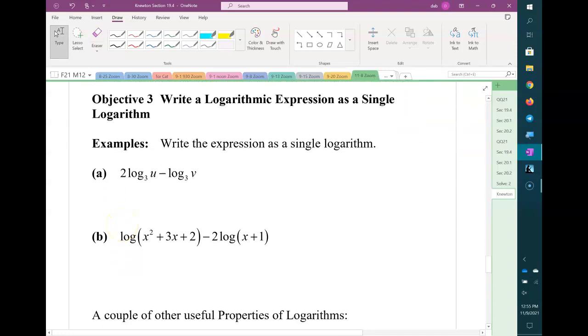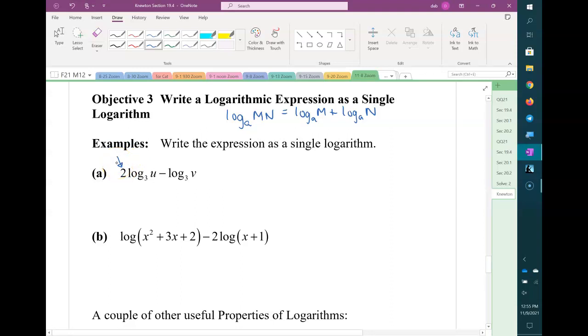Okay, then this is going the other direction. Now, the property of logarithms says the log base a of m times n equals log base a of m plus log base a of n. Notice there are no multipliers. So we can't use this property with this 2 multiplying at the front.